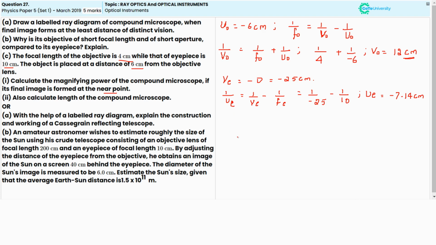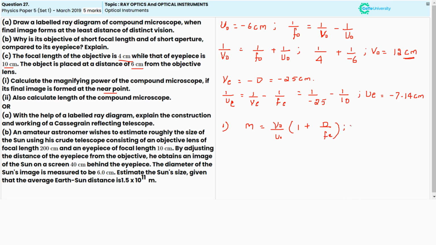The first one they are asking is the magnifying power of the compound microscope. That is M is equal to V naught divided by U naught times (1 plus D divided by F E).